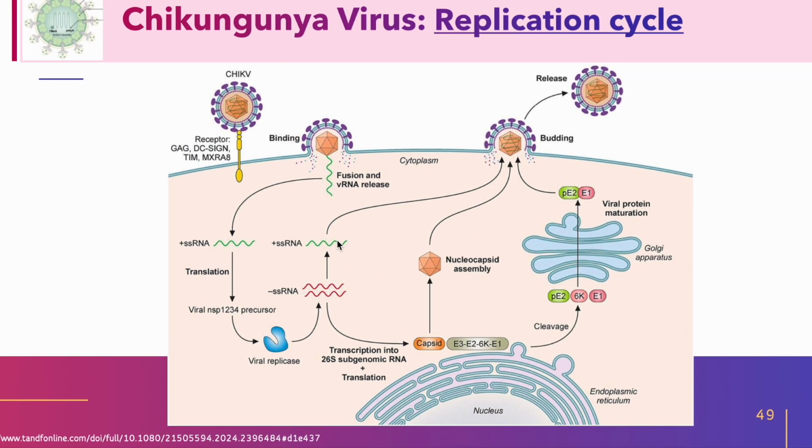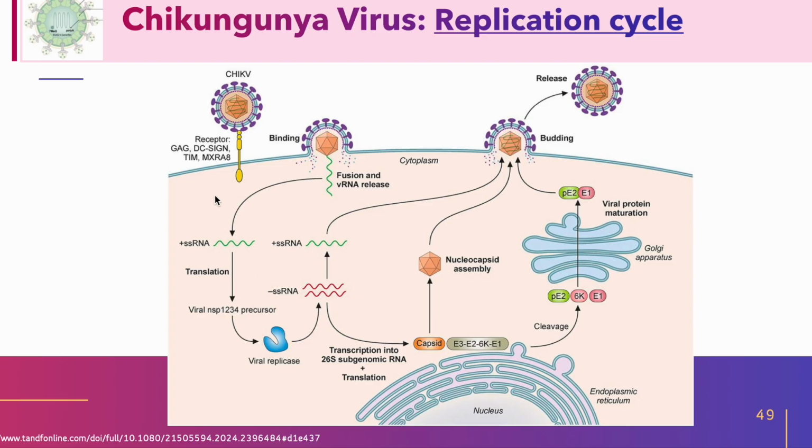The replication cycle is quite the same as other arboviruses. It binds with the fusion protein E1 and then enters the cells by endocytosis.